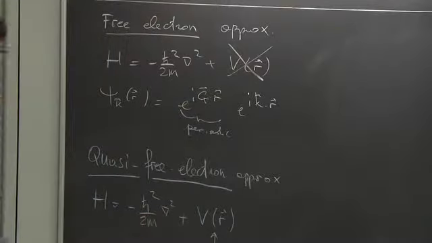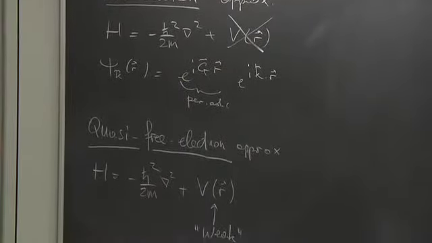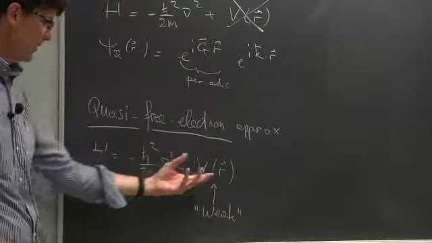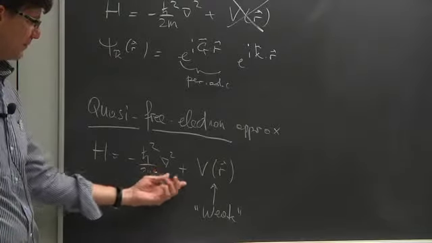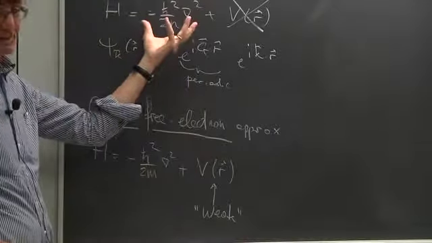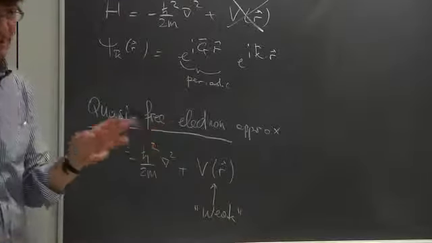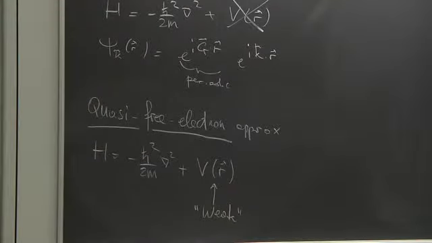We'll come back to what we mean by weak, how weak the potential must be in order for this approximation to work. In some sense, it is clear from what we want to be the starting point. This potential must be very weak compared to the kinetic energy of our system.